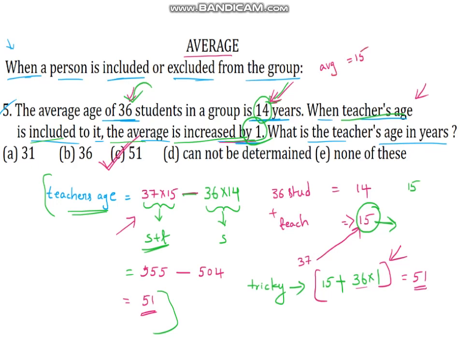If the teacher is included, the students' average also increases by 1. Average means equally distributed among all the persons. So her age is equally distributed, 1 year to each of the 36 students. So 36 into 1 is the answer for this question.